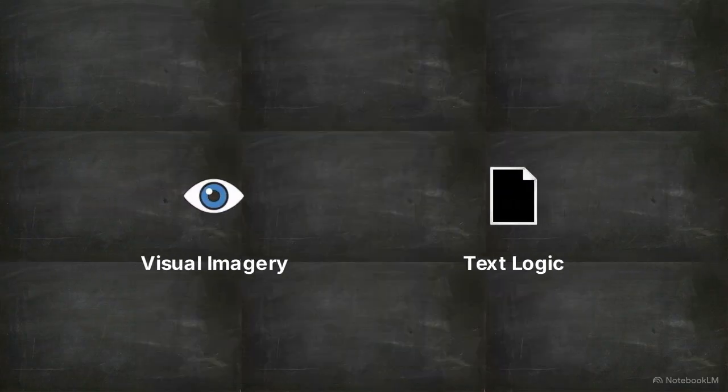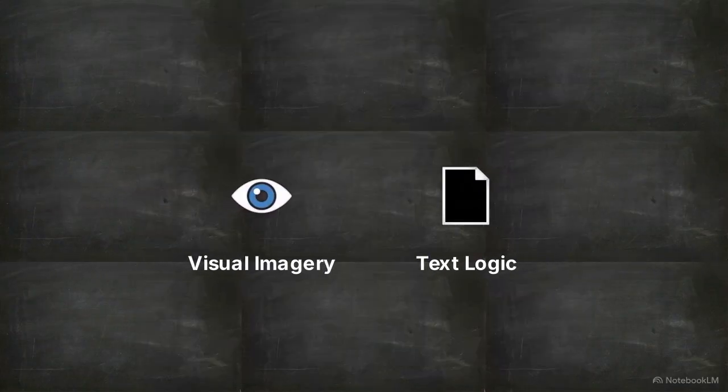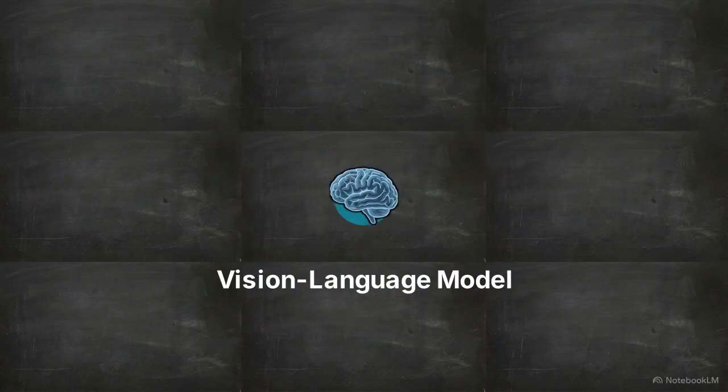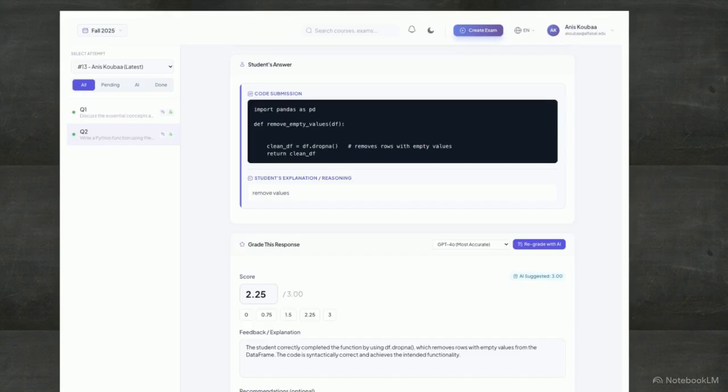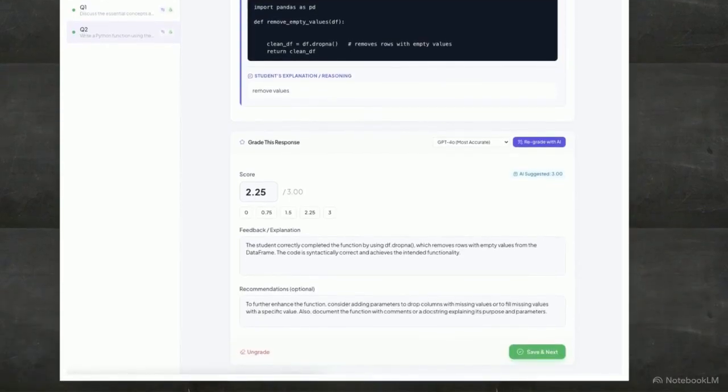VLMs are a class of AI models capable of simultaneously processing and understanding both visual images and text logic. The agent performs optical character recognition on the student's handwritten work, extracting the logic and mapping it against the course rubric. Below the score, the AI generates transparent chain-of-thought feedback, allowing the human instructor to verify the reasoning behind the suggested score.